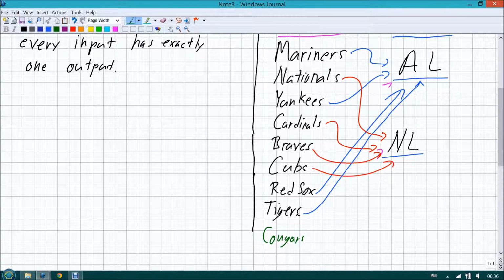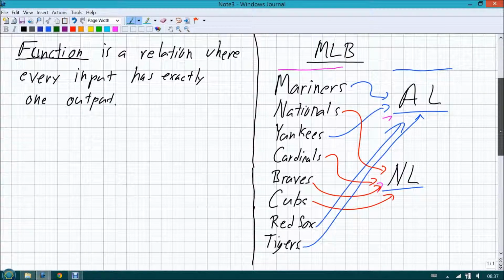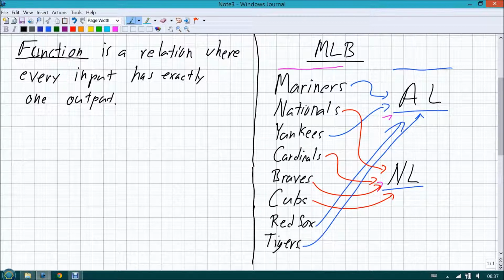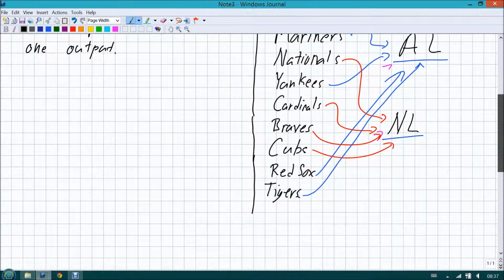Now we have an input that has no output at all. This tells us that this is no longer a function because not every input has exactly one output, because the Cougars are neither in the American League nor in the National League. Sorry, guys. So a function is a relation where every input has exactly one output.